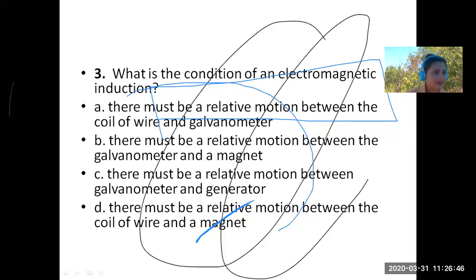D. D, ma'am. Very good. D is the right answer. So there must be relative motion between the coil and the magnet.